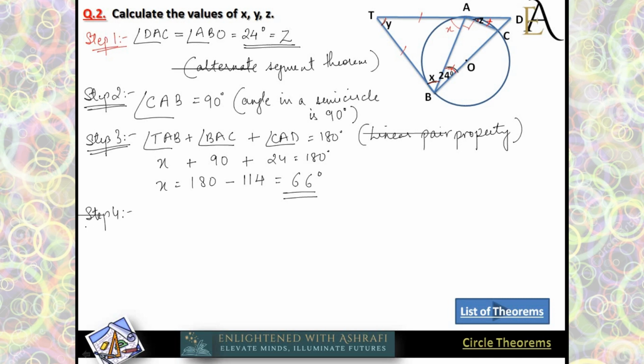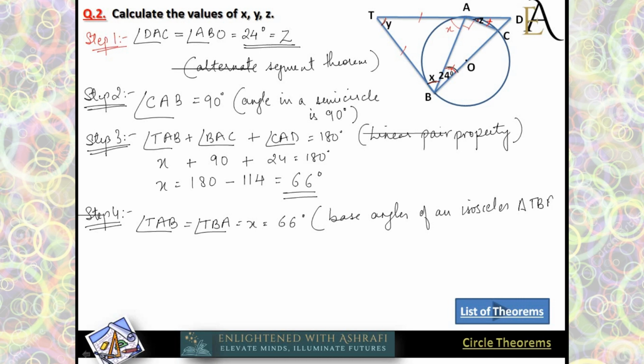Step 4: angle TAB is equal to angle TBA, which is equal to X, which is equal to 66 degrees, because these are the base angles of an isosceles triangle TBA.